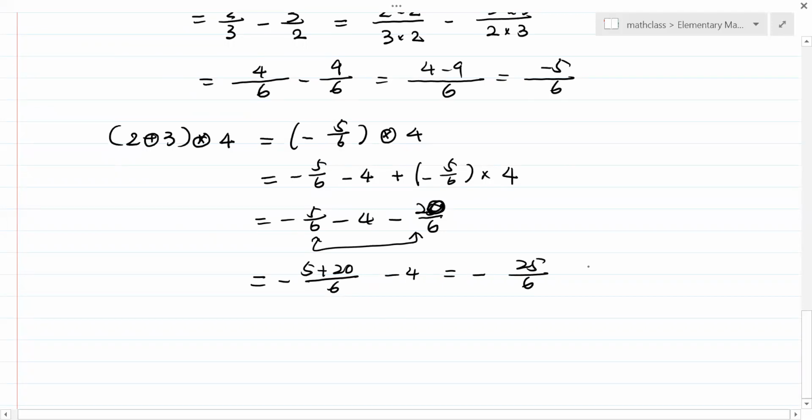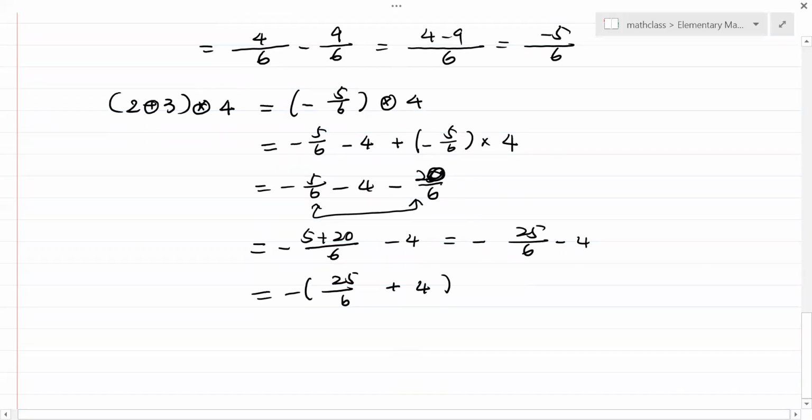We try to put them together as one fraction. Now, how to combine those two numbers? You have both a negative sign, you can take it out. And this is a 4. How do you make 4 as something over 6?